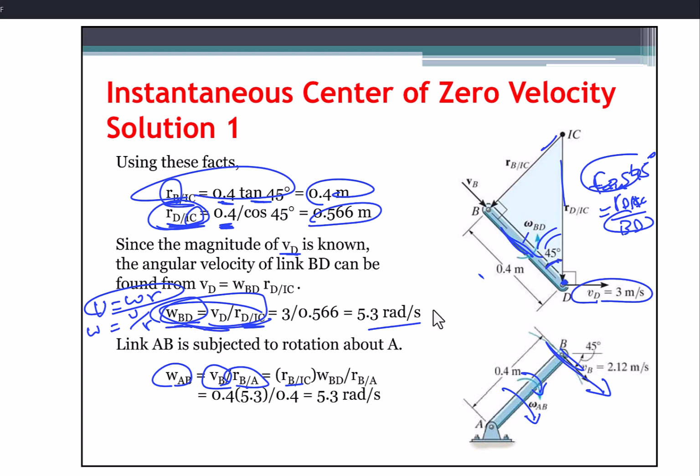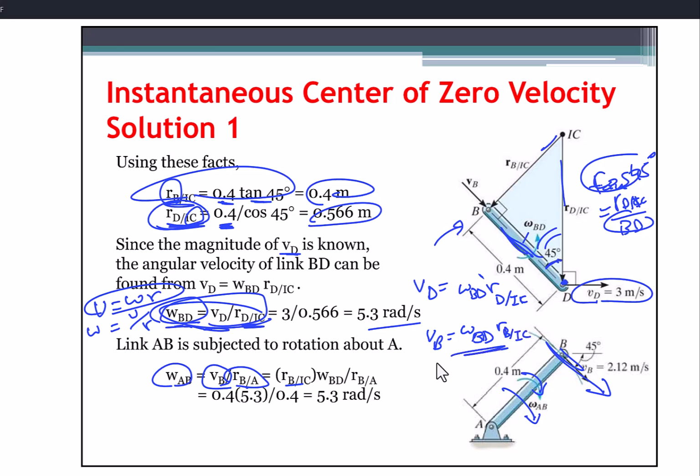Here we said that V_D is nothing but omega BD, I'm talking about this link, times R_D relative to IC. In the same way, I could say V_B is omega BD times R_B relative to IC.